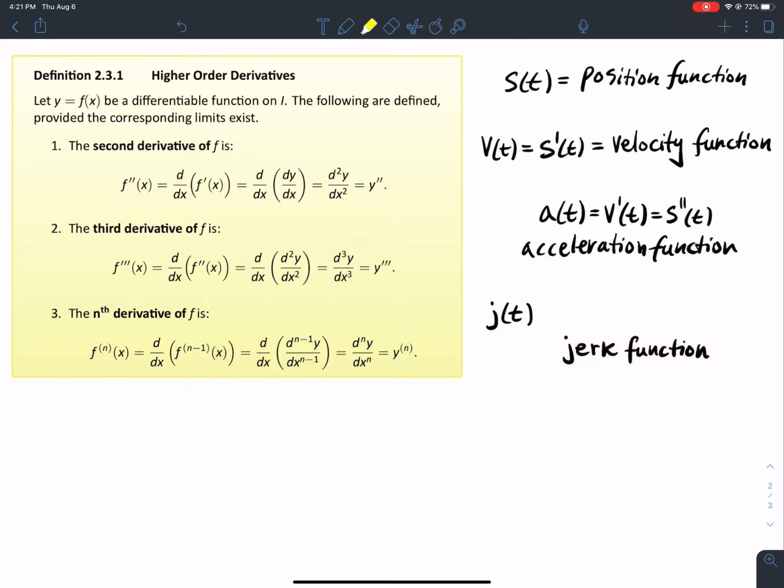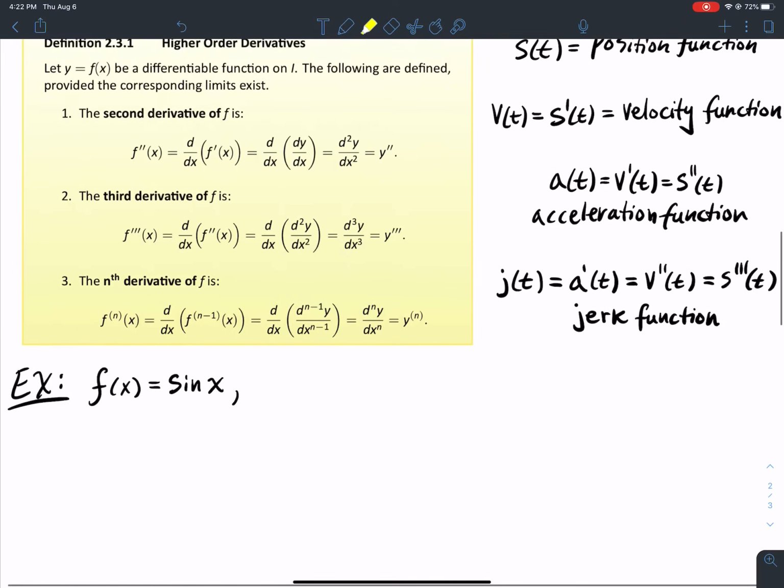The jerk, you can kind of think of it, so your change in your acceleration, that jerk that you get that kind of pulls you in the car whenever your acceleration is changing, that is what's known as the jerk. It's the change with respect to time of the acceleration, okay? Which is the second derivative of the velocity function, and it's the third derivative of the position function, okay?